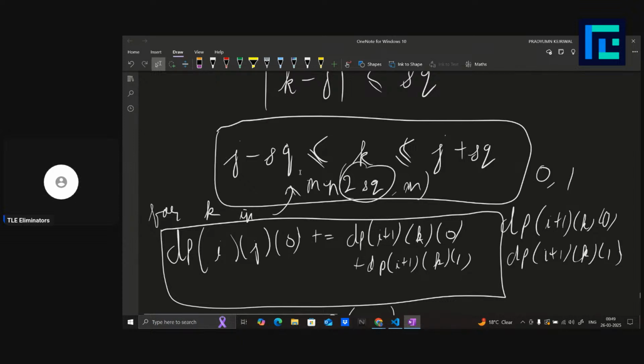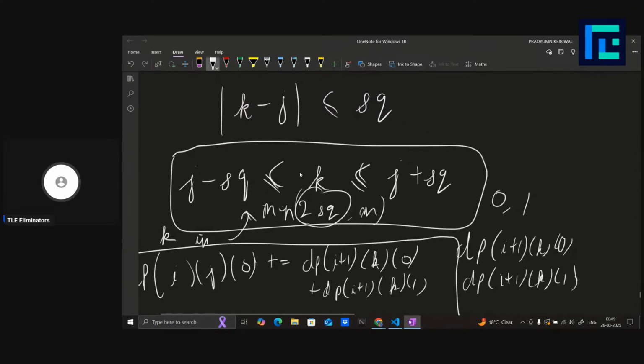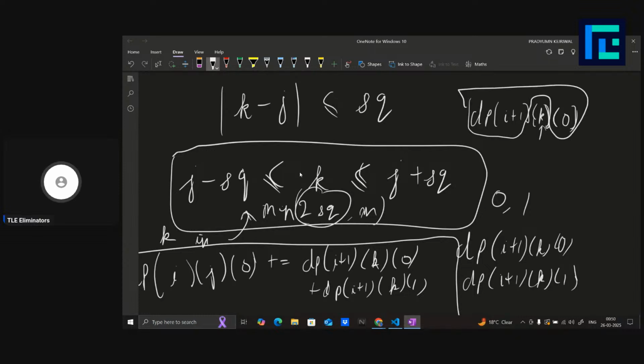Let's say we had dp[i+1][k][0]. Just assume that dp[i+1][0] is an array and k is the index.